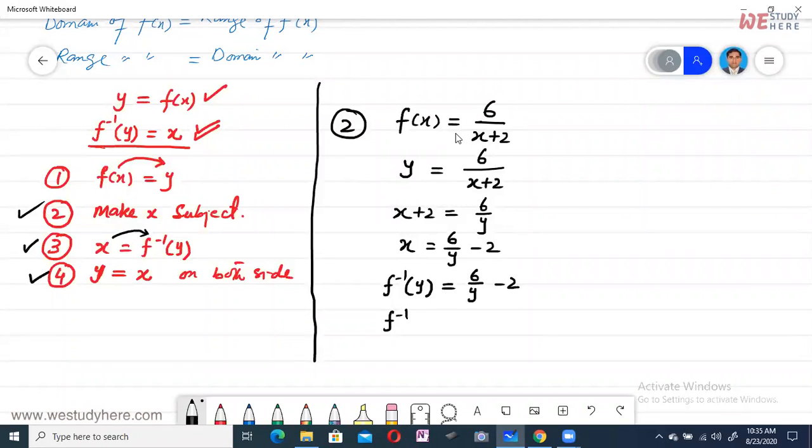F inverse of x, in the place of y we are writing x, 6 divided by x minus 2. Then the answer is, the f inverse function of the given function is 6 divided by x minus 2. Okay, you can write it like this, or you can take the LCM, that will be 6 minus 2x whole divided by x. Any answer you can write, both will be acceptable.